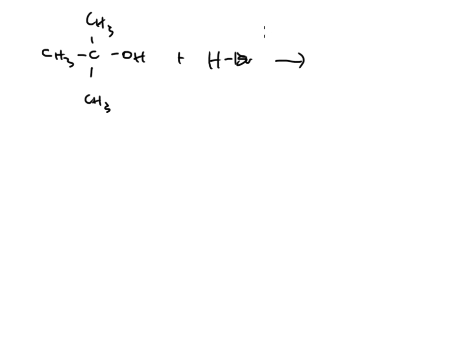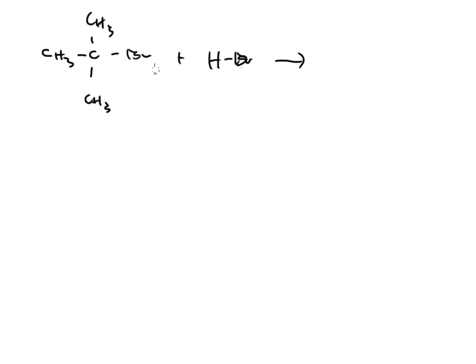So here we have an alcohol. It's a tertiary alcohol, and we are reacting it with hydrobromic acid. You're going to say, oh, okay, I understand what happens here. This protonates the OH group and pop, off it goes. And that OH group now is going to be replaced by a bromine, and there we go. So that is true. That is a proper answer for this reaction.